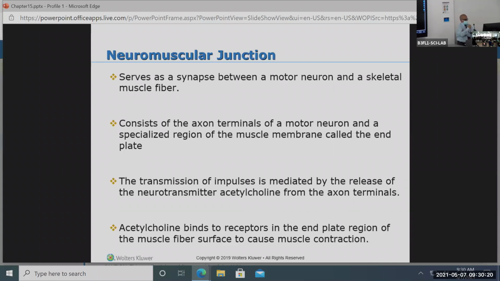Now look at the last one. It says very clearly: acetylcholine, which is a neurotransmitter, binds to the receptors at the motor end plate region of the muscle fibers to cause muscle contraction. End of the story. Is it clear? Anybody in confusion? So these are very, very important.